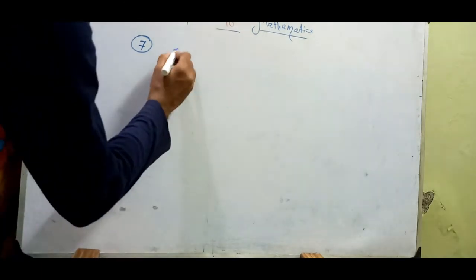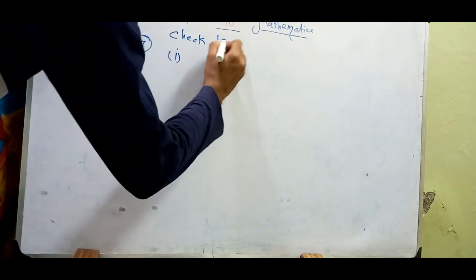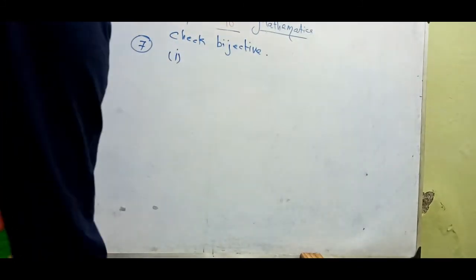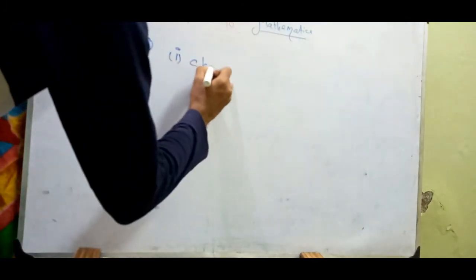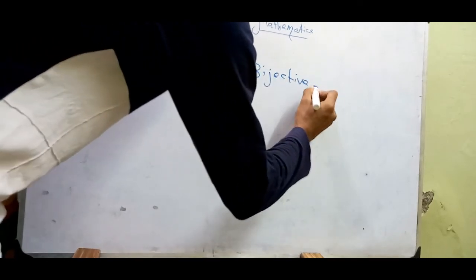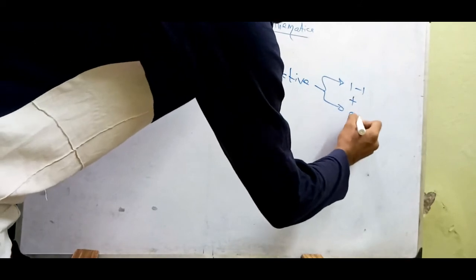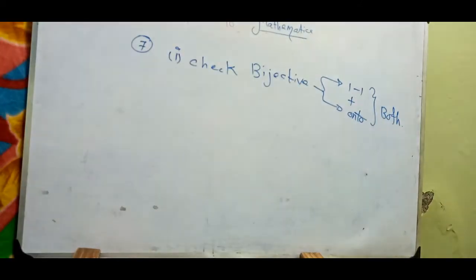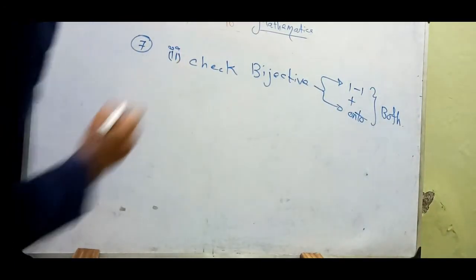And your question is the first subdivision, check bijective. To check bijective we need 1-1 plus onto, both should satisfy together.